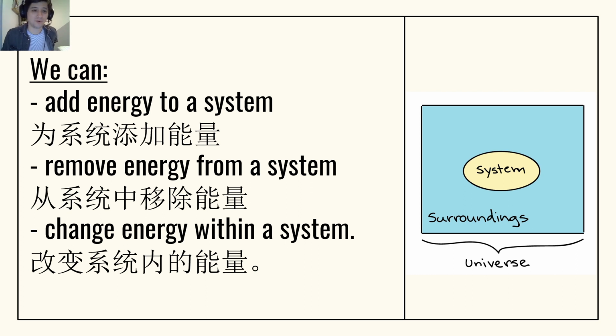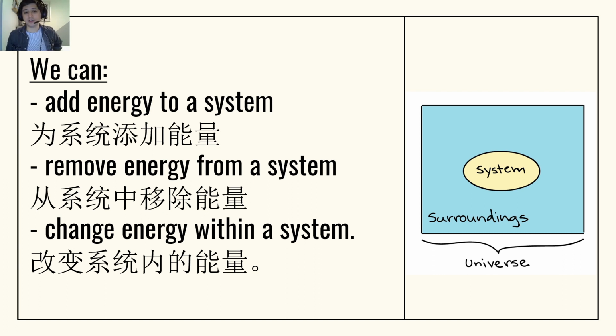When we add energy to a system, think of it like you put a pot on a stove. You're adding heat to that pot. You're warming up the water. You're adding heat and energy to that water. You're adding energy to that system.